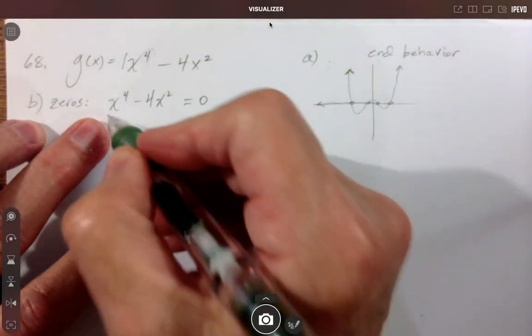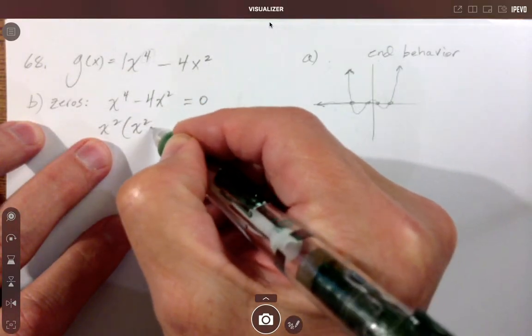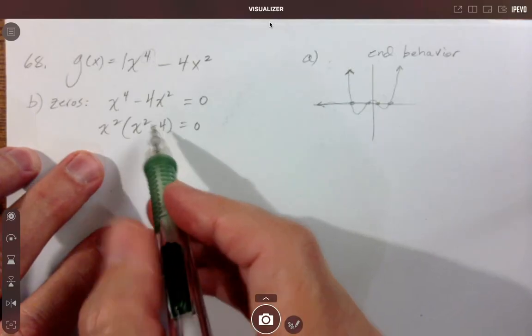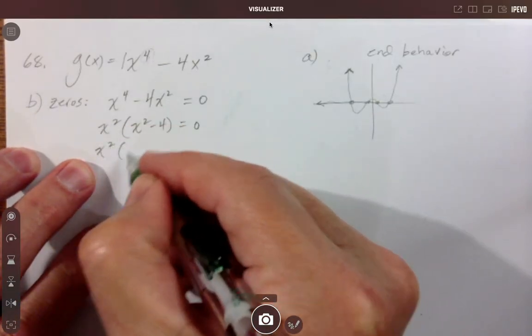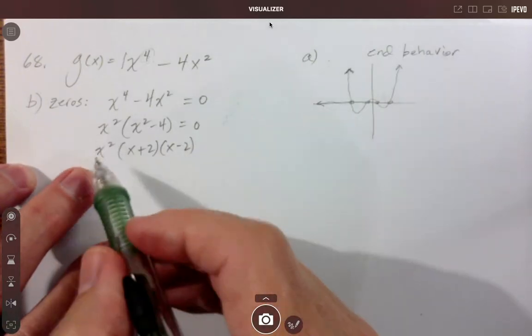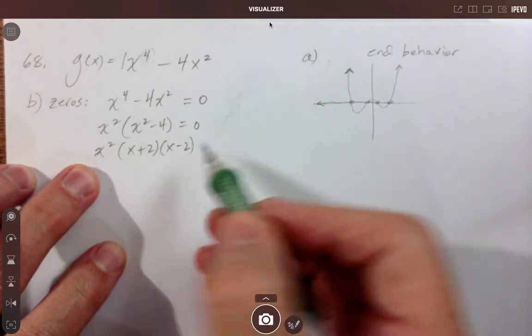Since both of these have x squared, I'm going to go ahead and factor that out, leaving me with x squared minus 4. And we know that that's a difference of squares, so it will factor to x plus 2, x minus 2. So I've got 4 factors: x, x, x plus 2, x minus 2.